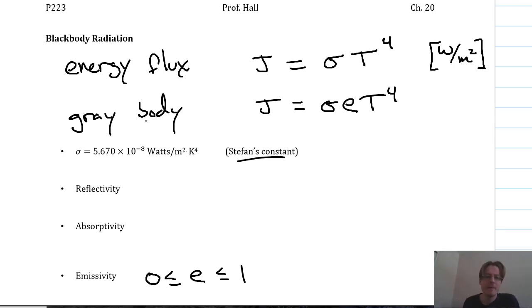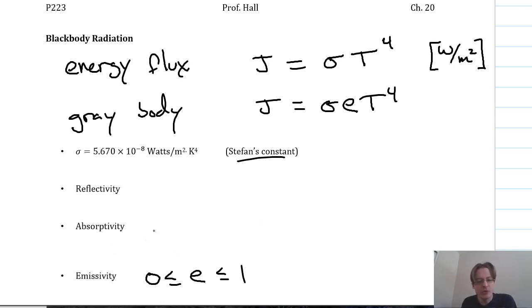Okay. Let's talk for a second about absorptivity and reflectivity. Something which is very good at emitting radiation also has to be very good at absorbing radiation.